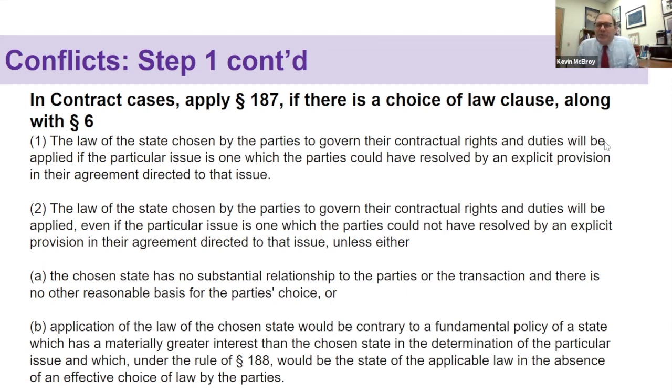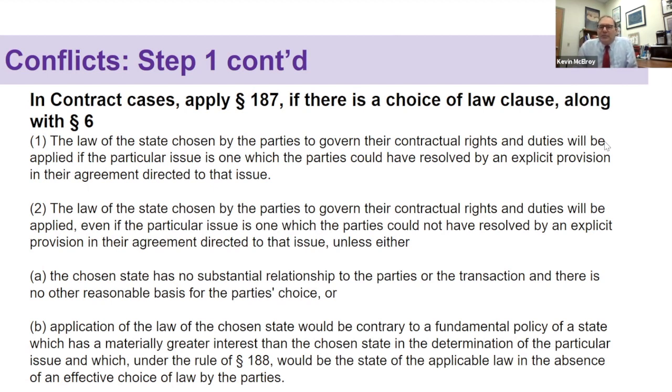But if it's a close call, say between Kentucky and Tennessee, where the parties reside in different states, where one is manufacturing and shipping to Tennessee and the other is sending payment from Tennessee to Kentucky, you have to figure out which has a greater interest to determine whose laws apply, if there was no contractual provision.